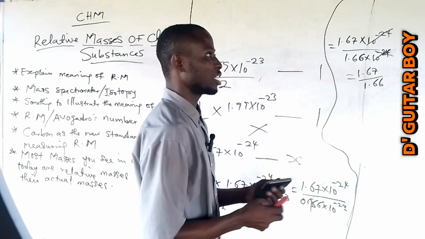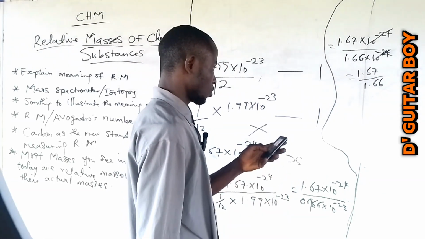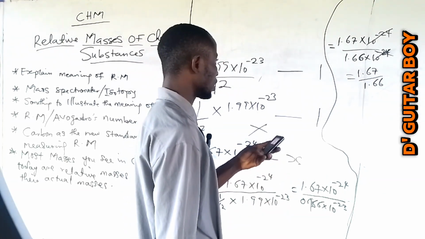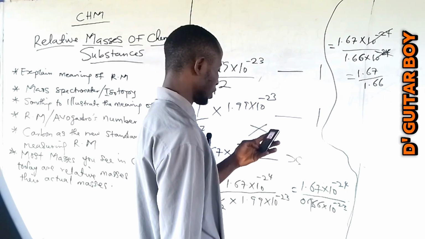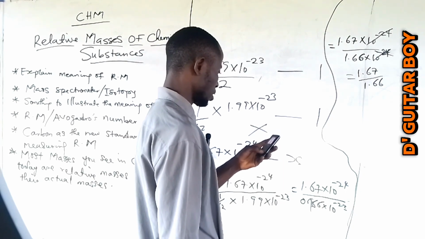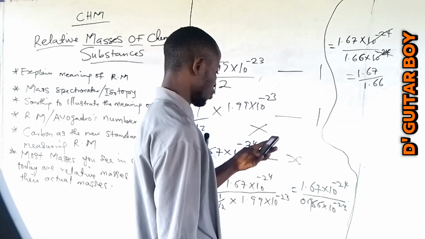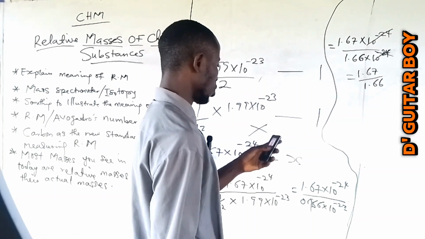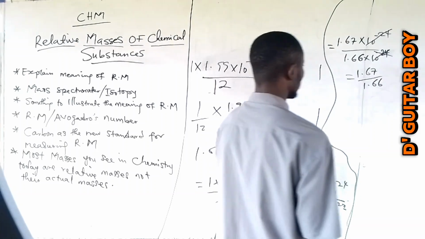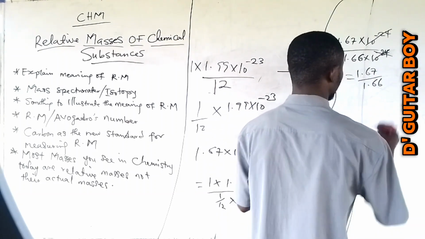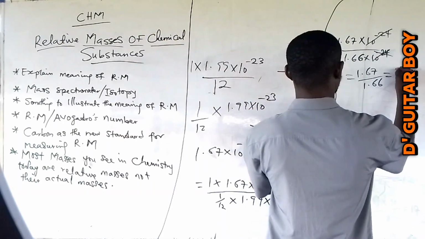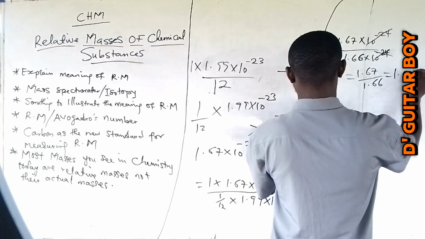Let's check the mass of hydrogen now. 1.67 divided by 1.66 is equal to 1.006. Now see, 1.006.